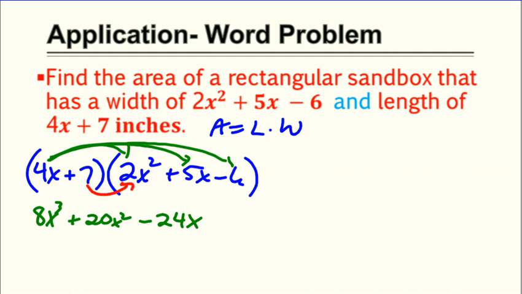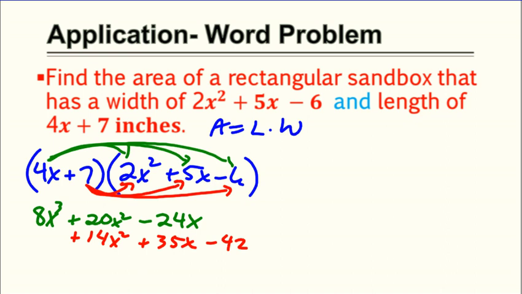Here I'm just going to put it underneath the x squared, so I have a positive 14x squared. 7 times 5x is a positive 35x. And 7 times negative 6 is a negative 42.